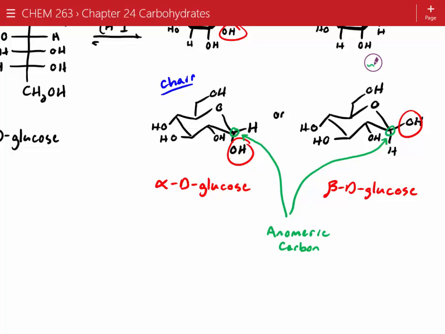You notice how none of the other stereocenters changed? It was only that anomeric carbon. So it's always that carbon when you draw the chair conformation like this, in the bottom right-hand corner. And that is what defines an alpha or beta carbohydrate. So let's make a list of terminology.